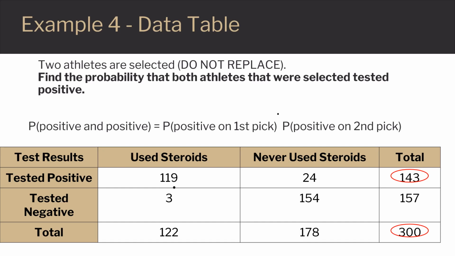For the first selection, we have 300 people to pick from. 143 of them tested positive, so the probability will be 143 out of 300. For the second, we remove one positive athlete, so now there are 142 positive athletes left out of 299.